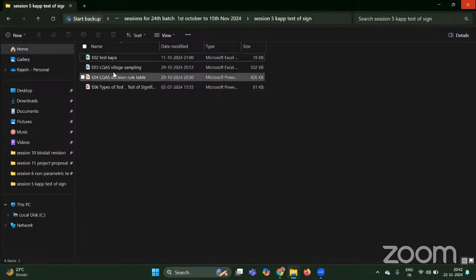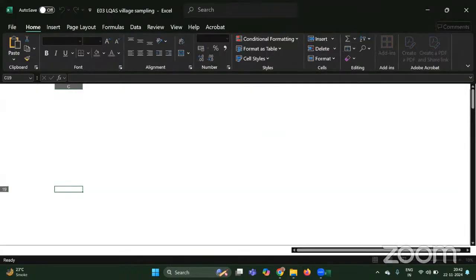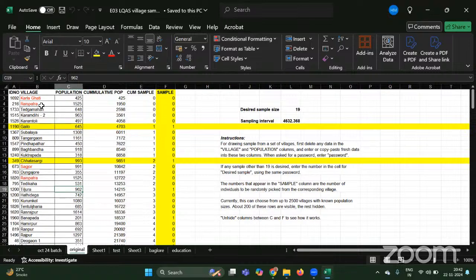So at that time, the LQAS method is used, and you are already given this file whereby you need to just write down your name of units, name of wards, name of school, name of colleges, or name of the areas, etc. And the numbers in that particular unit you need to write down over here.